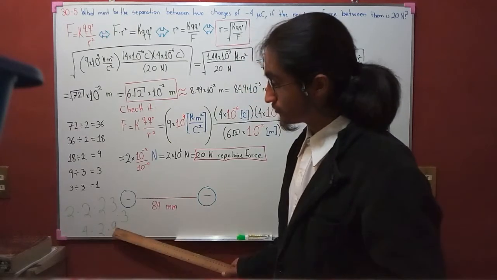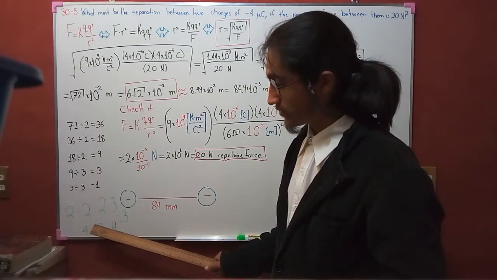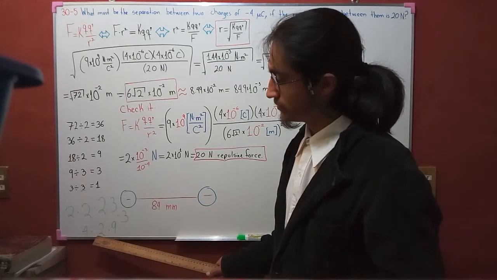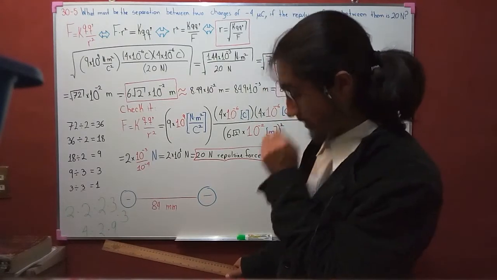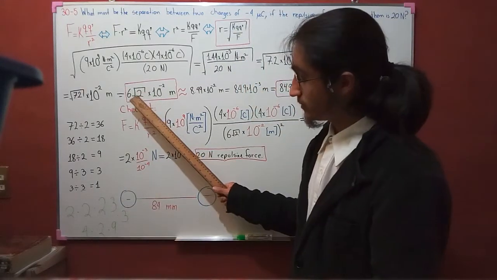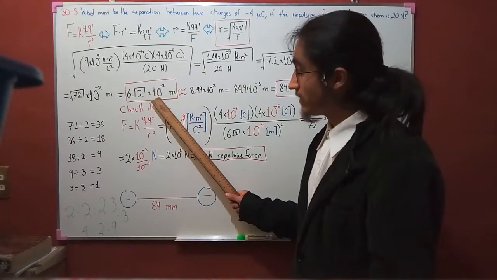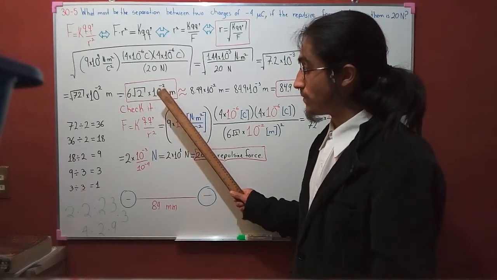2 multiplying 3 is equal to 6, and this last number 2 is an irrational number. So we have to write just the square root of 2, multiplying 10 raised to the power of negative 2 meters.